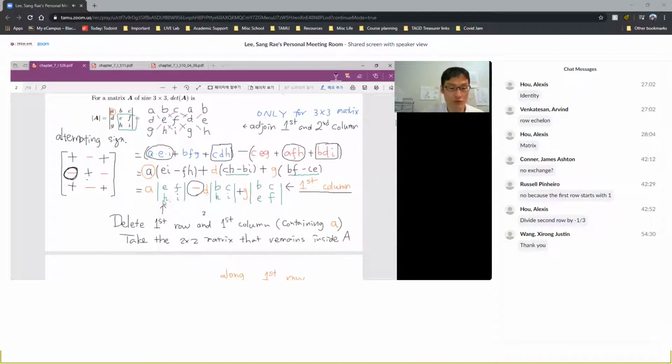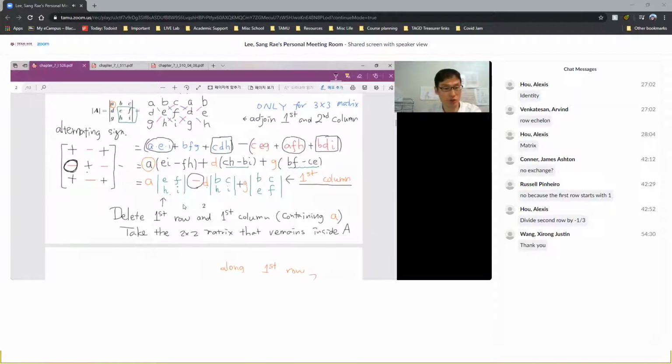To find this matrix, look at this matrix A. You have row 1, column 1 that contain the entry A. You get rid of row 1, column 1, then the resulting leftover entries will give you the matrix E F, H I. You take the determinant. Similar for this last term. For this middle term, however, you need to change the sign. Actually, we need this alternating sign business, plus minus plus.